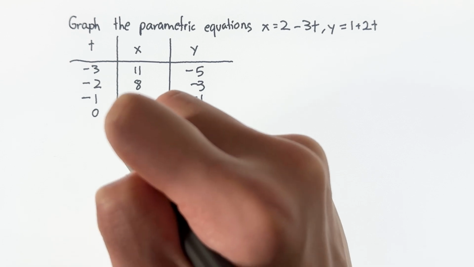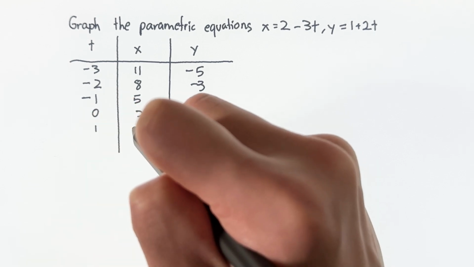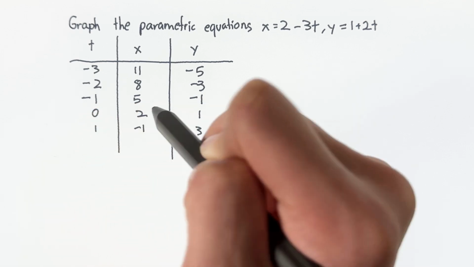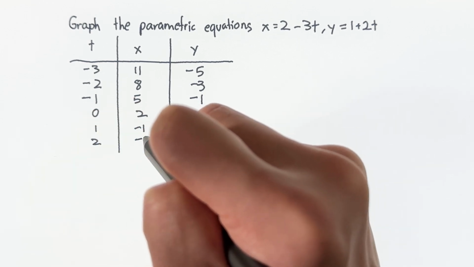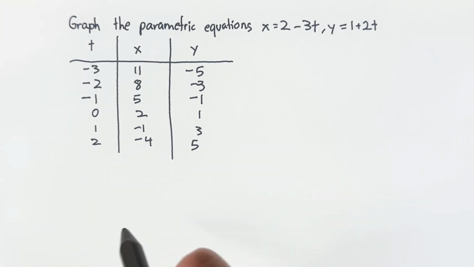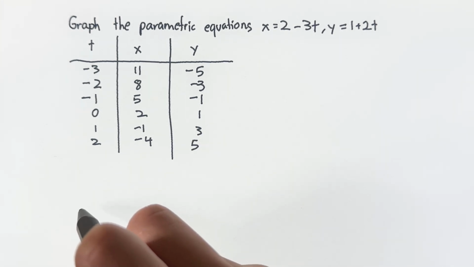For 1, we'll have -1 and 3. For 2, we'll have -4 and 5. Then we can plug these in the coordinate plane.